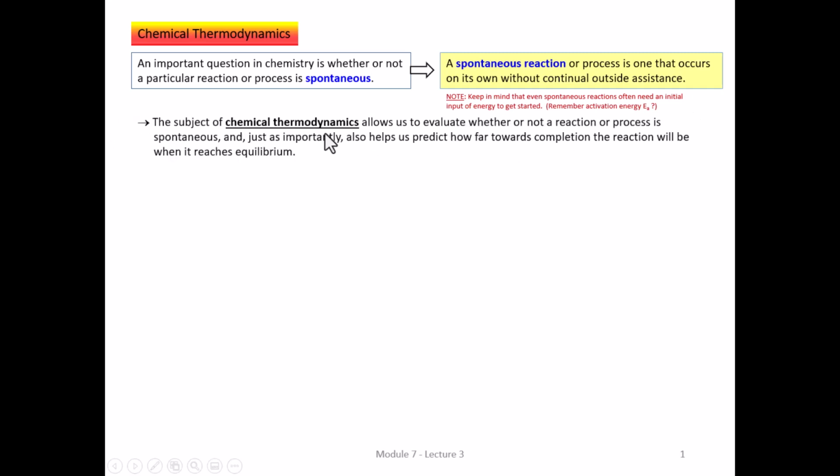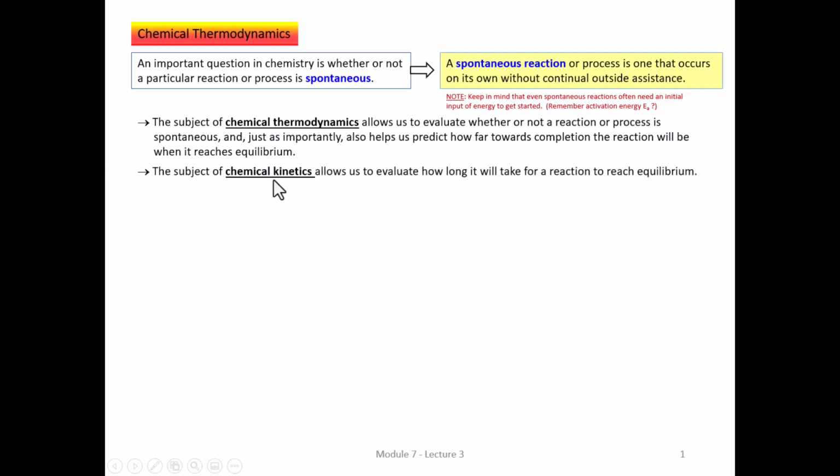The subject of chemical thermodynamics allows us to evaluate whether or not a reaction or process is spontaneous, and just as importantly, also helps us predict how far towards completion a reaction will be when it reaches equilibrium.